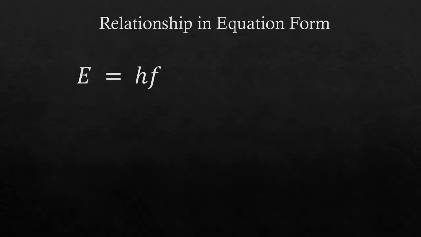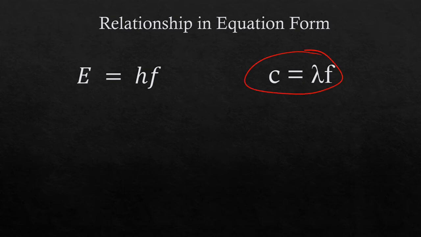We have the equation for energy and frequency, and we also have an equation for wavelength and frequency. Which variable is the common link? You guessed it, y'all, frequency. So now I'm going to actually take this equation here and isolate for frequency. So when frequency is by itself, it is frequency equals C divided by wavelength.